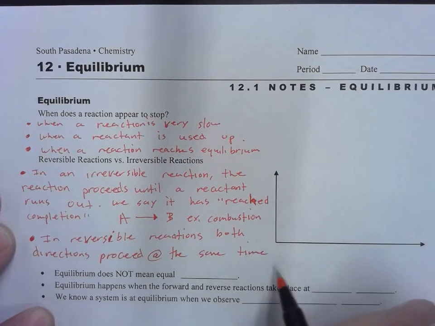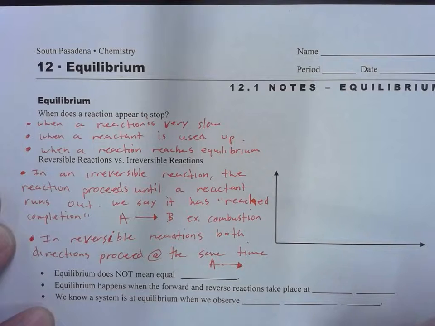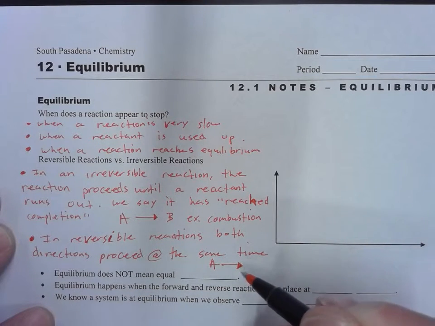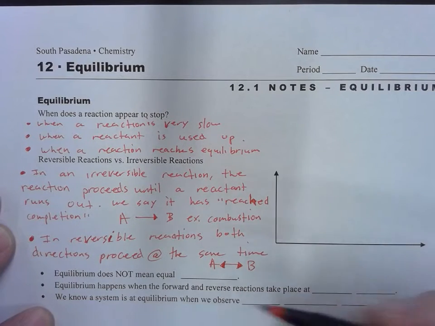Like this: A forms B, but at the same time, B goes back and forms some more of A. So they're going back and forth.